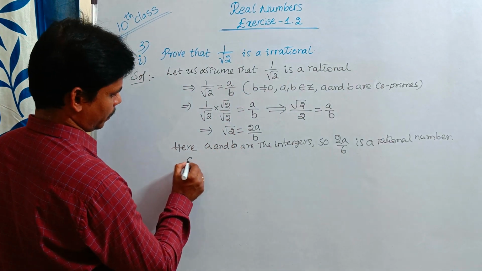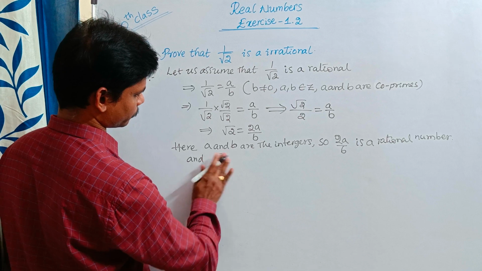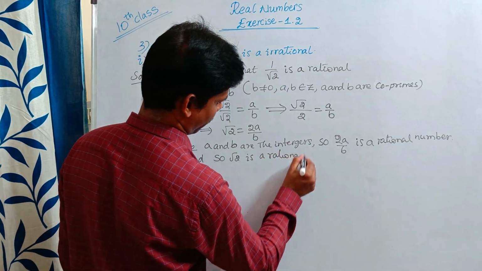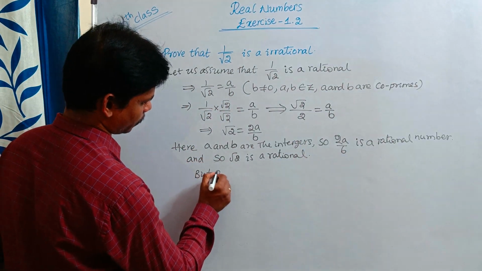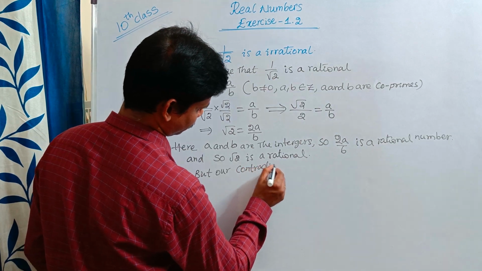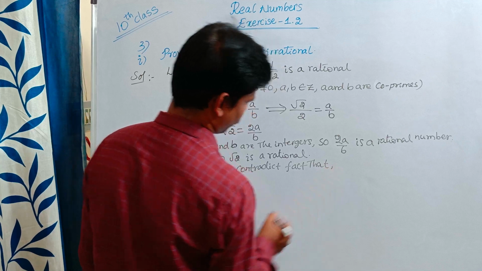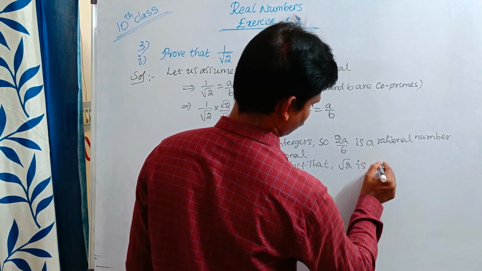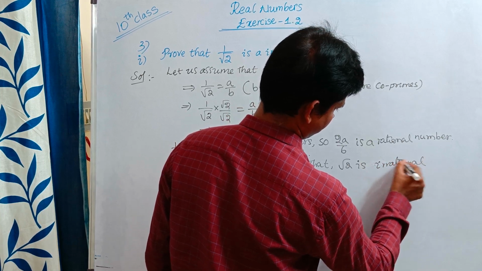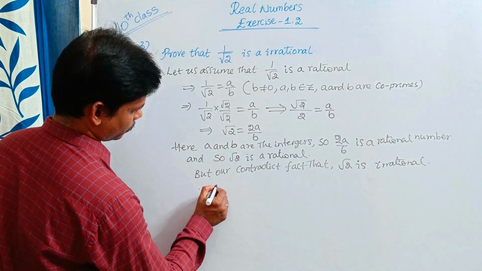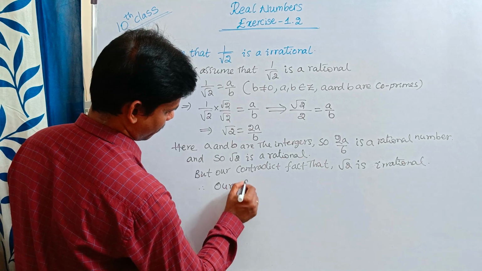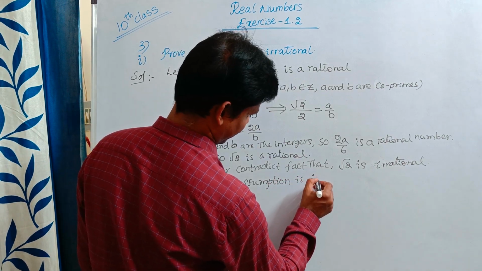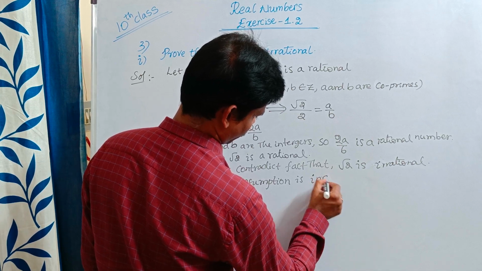So therefore here root 2 is a rational, but our contradict fact that root 2 is irrational. So our assumption is incorrect.